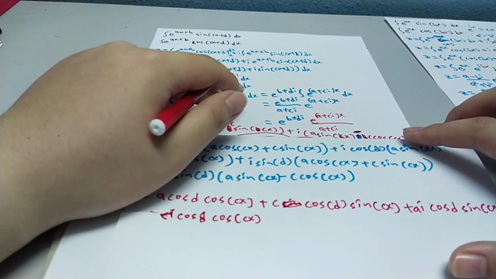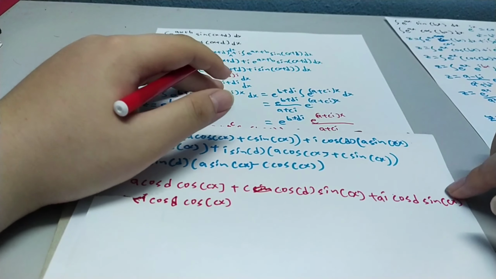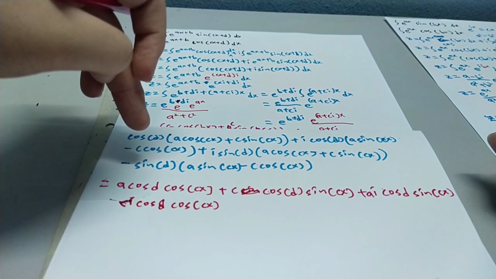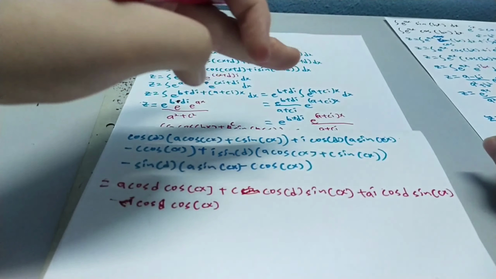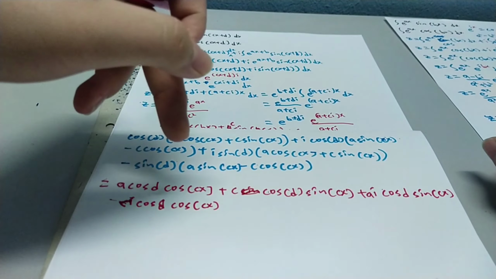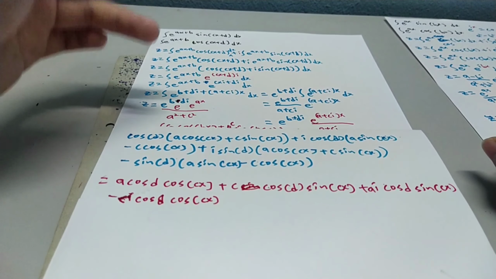And so yeah, it's going to take more time. So i times cosine of d, let me just double check the answer. So a times cosine of d and c times cosine of d. Okay, so far no problem at all.